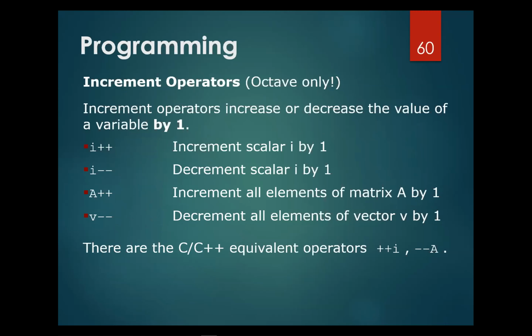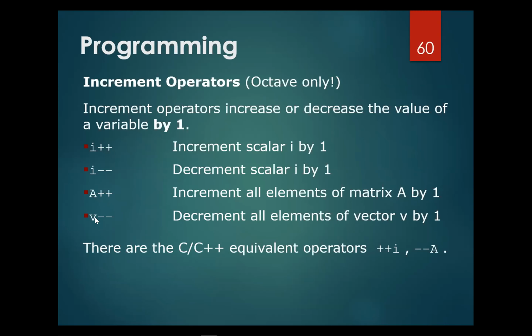I plus plus simply means I is equal to I plus 1, and I minus minus means I is equal to I minus 1. So it is reducing by 1 or increasing by 1. That is what it means. If it's a matrix, you can use capital letter A plus plus to mean incrementing all elements in the matrix.